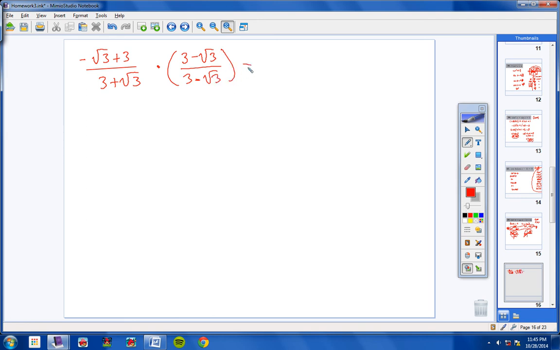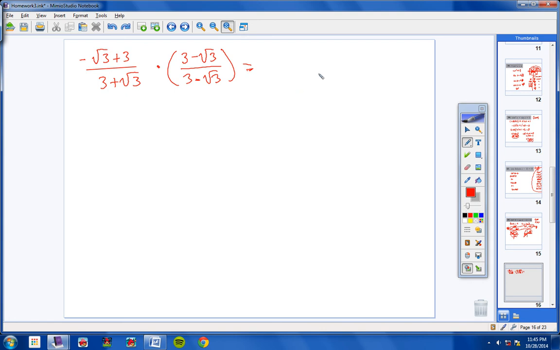If you do this correctly, you will end up with, after you do your multiplying, negative square root of 3 times negative square root of 3, then 3 times 3, 3 times negative square root of 3. You'll end up with this right here.